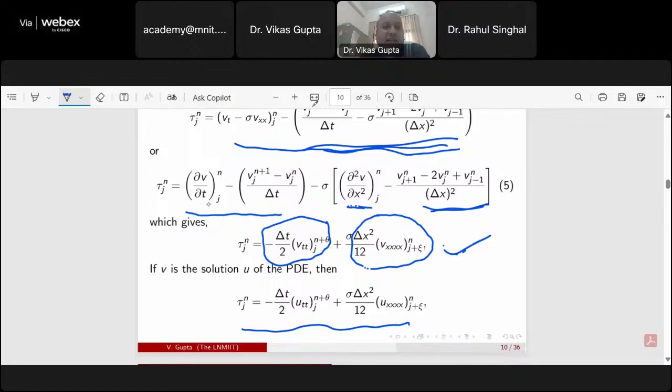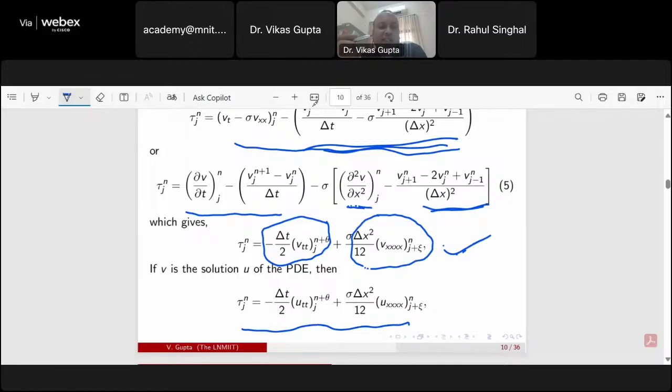So del u over del t minus sigma del square u over del x square at the j, n-th point will be equal to 0. If you replace V in equation number 5 by the continuous solution u, which is of course the continuous solution of the heat conduction equation u_t minus sigma u_xx equal to 0.